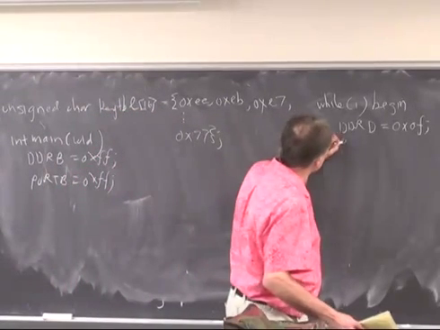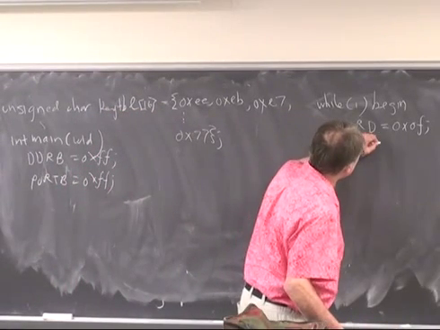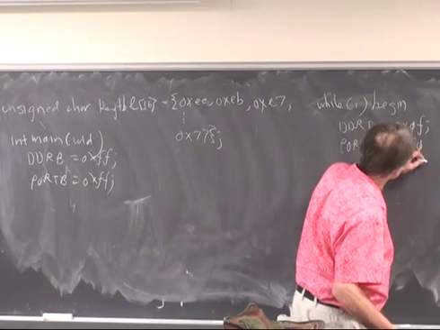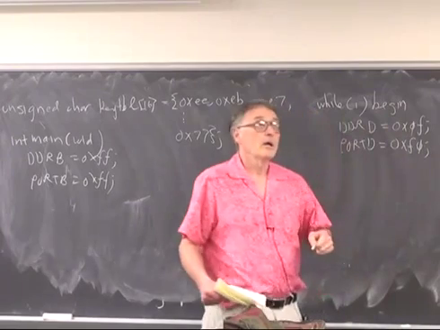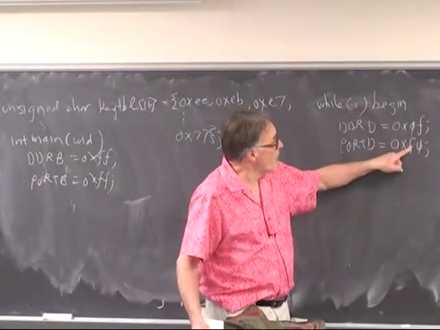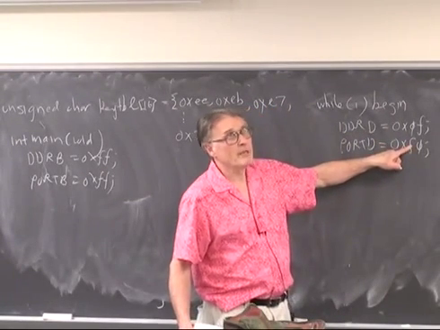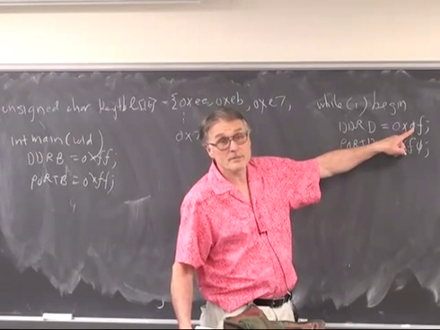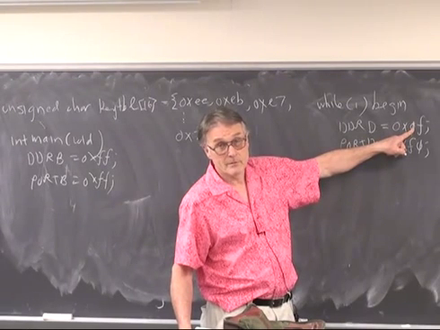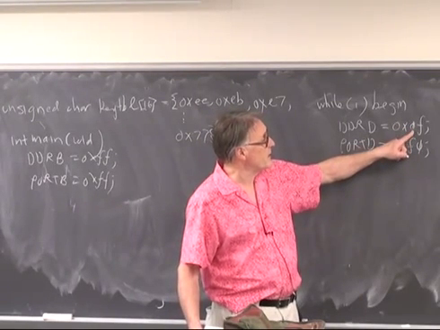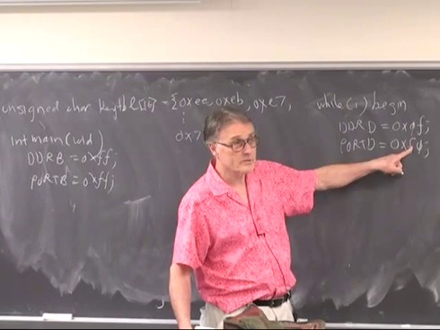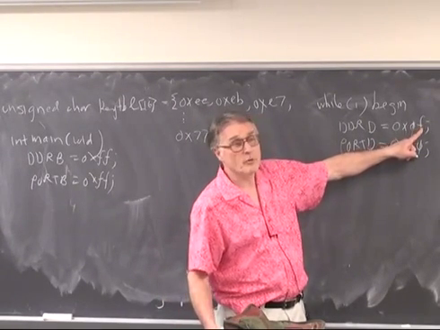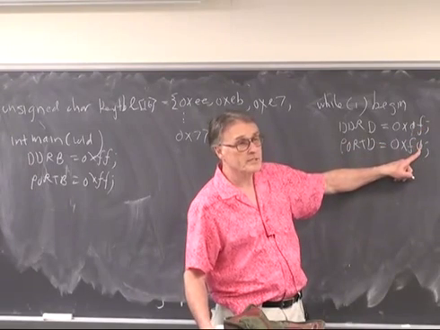We're going to set port D to be 0xF0. Setting the top nibble to F means that the inputs have their pull-ups turned on. So this sets the ports to inputs, this turns on the pull-up resistors, and this sets the port to an output and pulls it low.